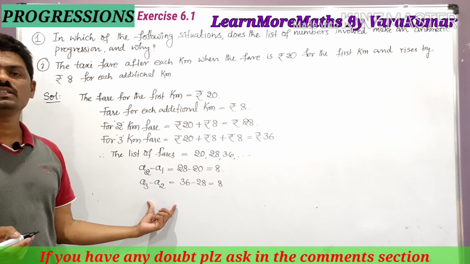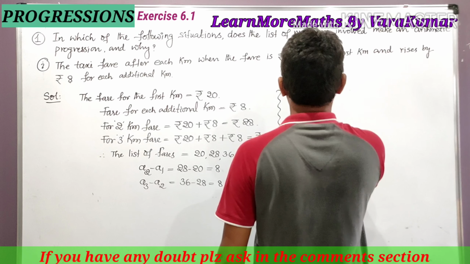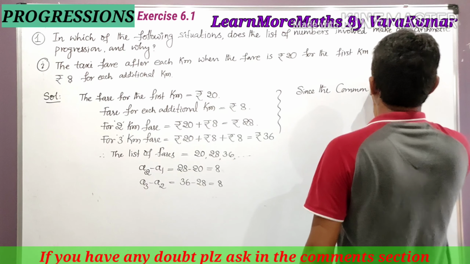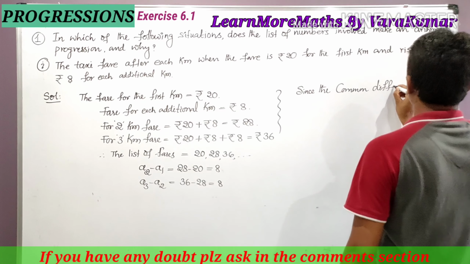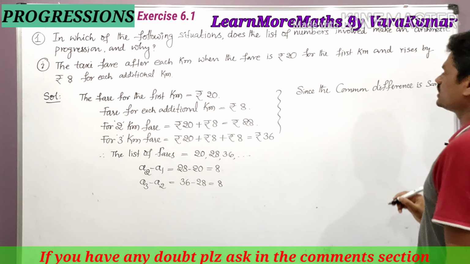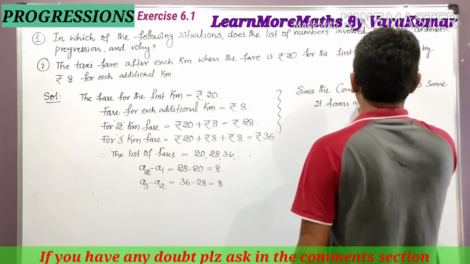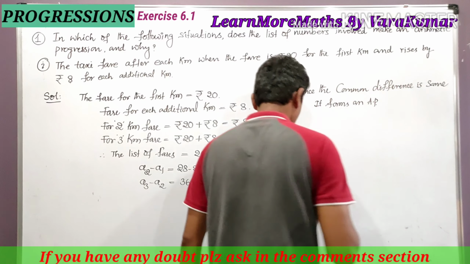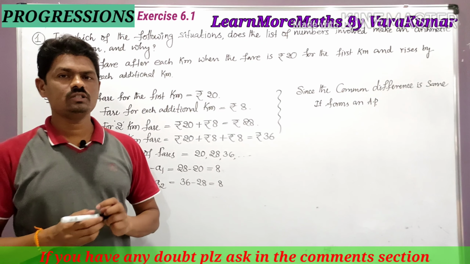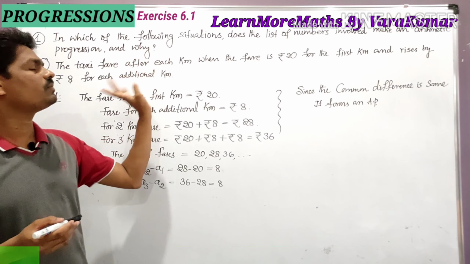Since the common difference is the same, the given situation forms an arithmetic progression. So this is the first bit in exercise 6.1 first problem, first bit, student.